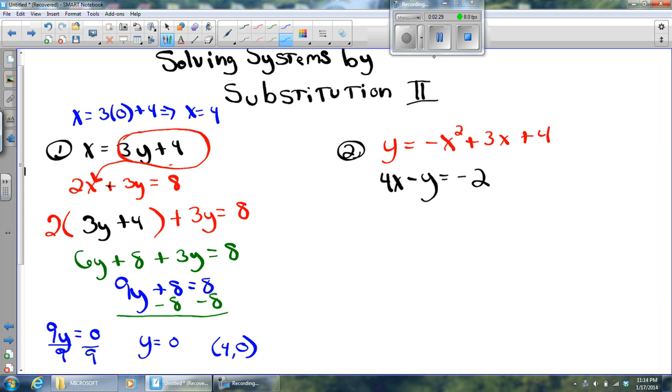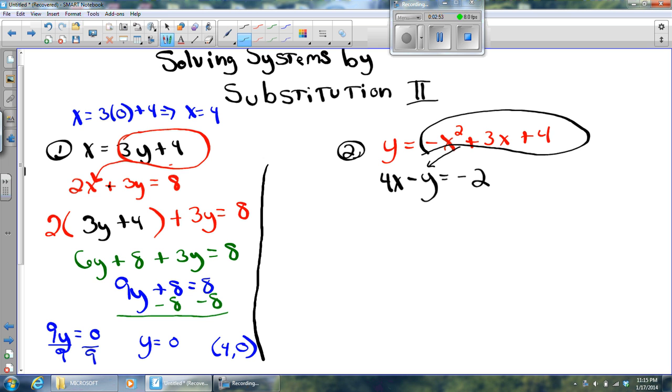All right, let's check out number 2. I have y alone in my quadratic. I can do this. I'm just going to take that quadratic and plug it in for y in this one right here. And I'm glad I'm going to, because you see this negative here? I'm going to have to pay attention to what's going on. So separate my work here.